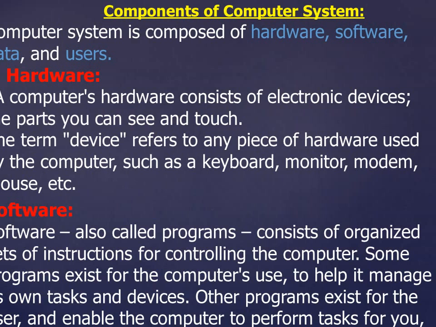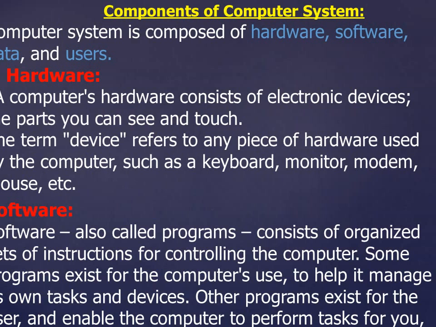If you have those four items with you, it means what you have is a computer system. So we cannot continue without understanding those items. When we talk about data, what is data?